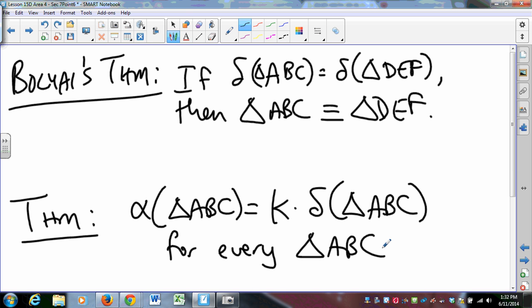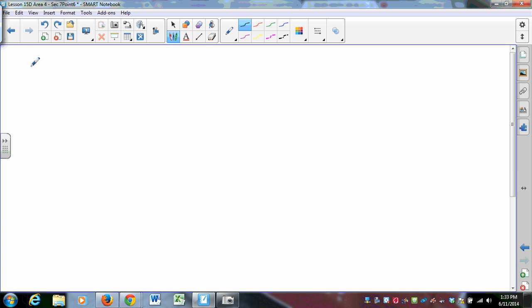Every one. Area and defect play together in ridiculous ways. The area is just a constant multiple of defect. That is crazy.